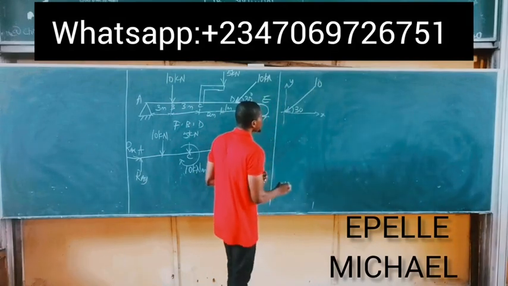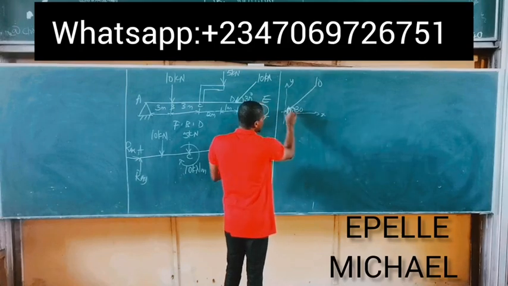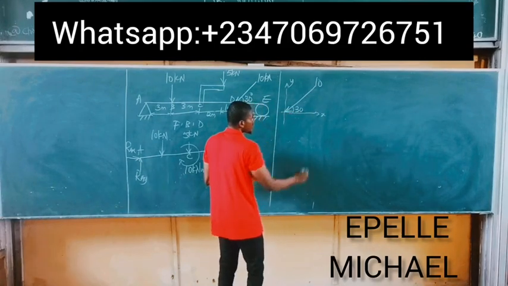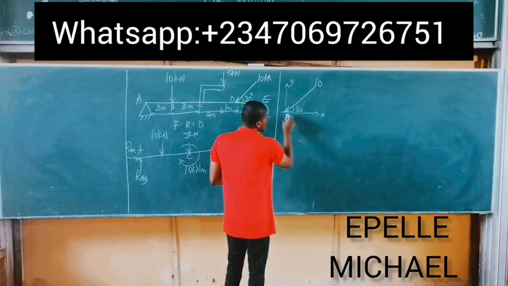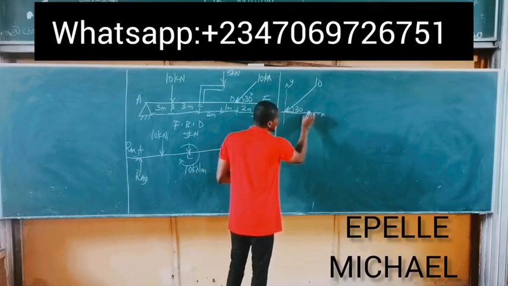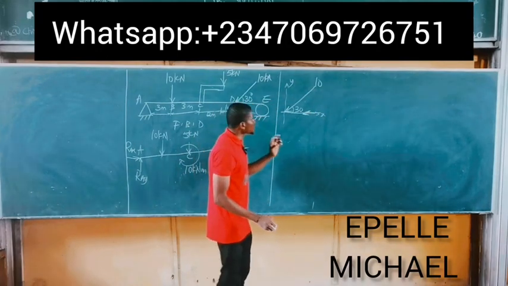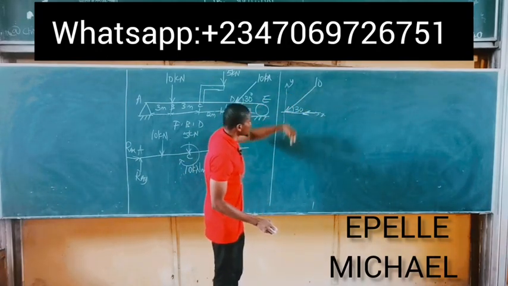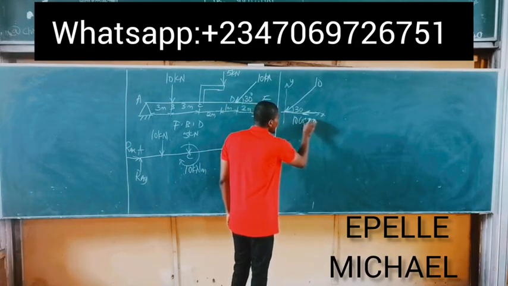Okay, to resolve this force in the horizontal axis, simply hold the arrow of the force. Notice that the force is pointing in this direction. Pull this force to meet the x line or the horizontal line. If you do that, this force will now point in this direction, to the left. And notice that this force passes through this angle, 30 degrees. The value simply becomes 10 times cosine of the angle it passes through.